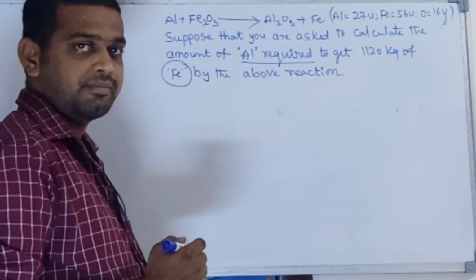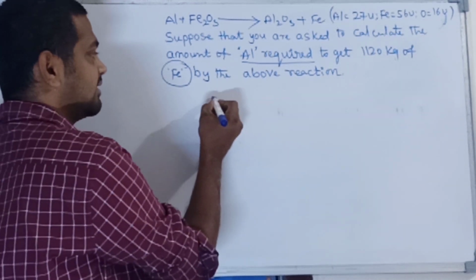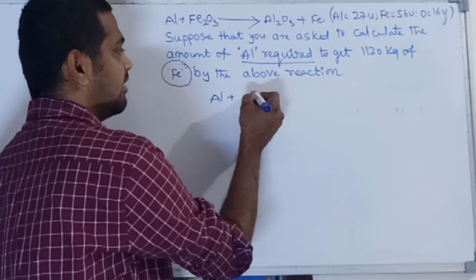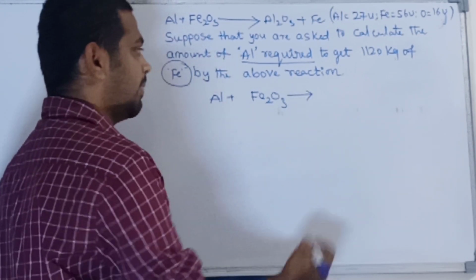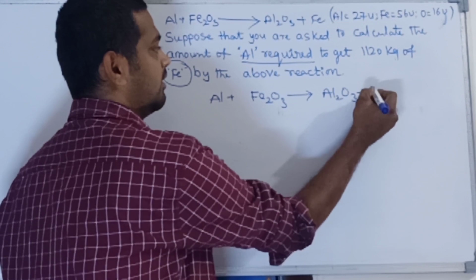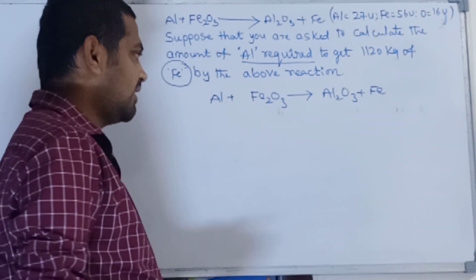Is it clear, children? First of all, we need to write the balanced chemical equation. The skeleton equation given in the question is aluminum plus iron oxide, both reacting together to form aluminum oxide and iron. So the first step is to write the balanced chemical equation.